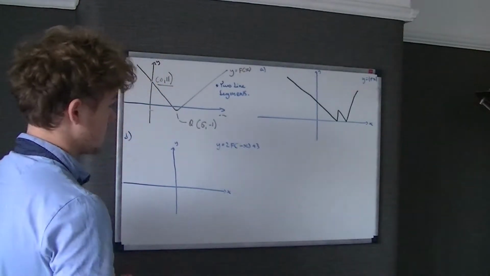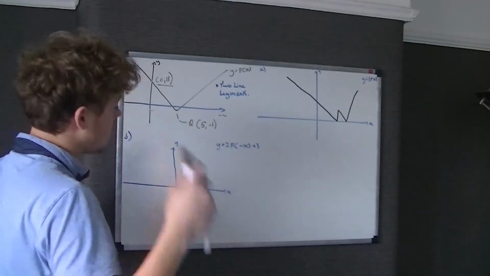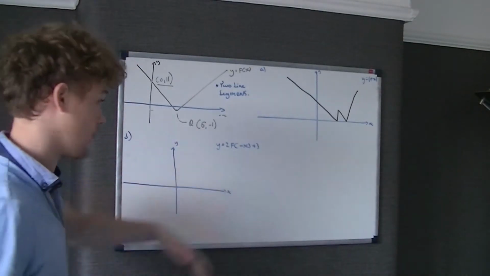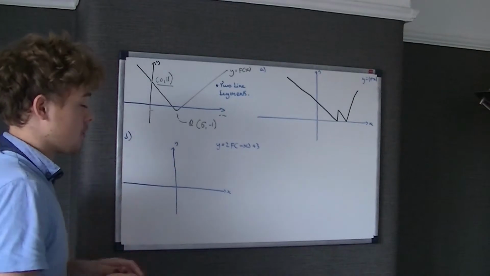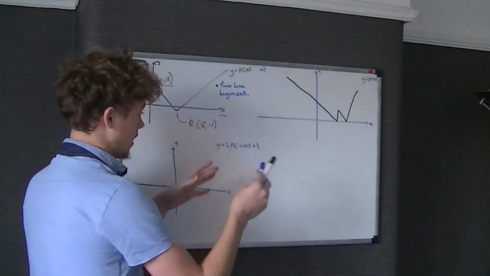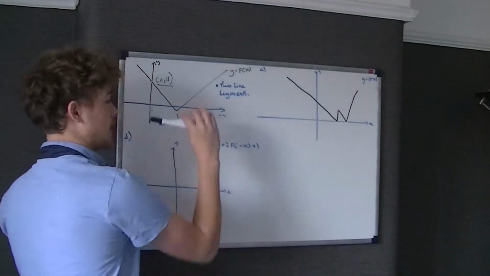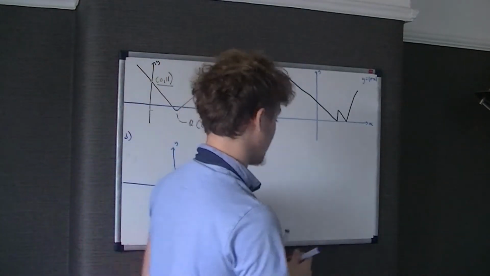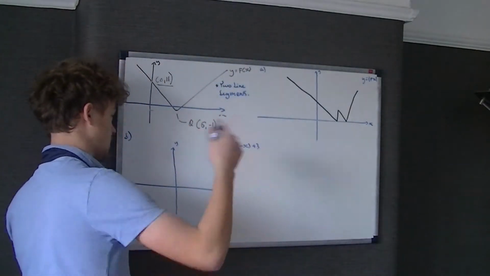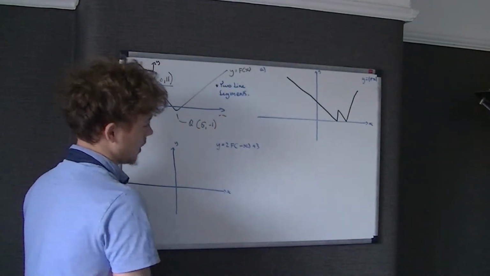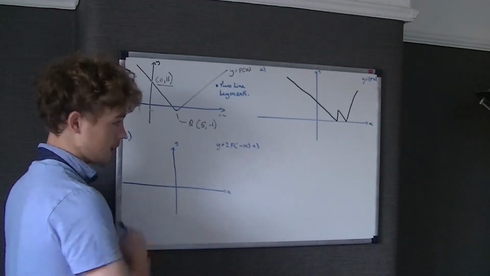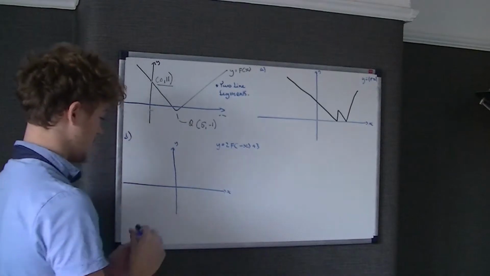But it's not just 1, because that's the y-coordinate. It's the whole function of x. So these coordinates are both going to be positive. Anyway, it's just flipped over, so it's mirrored in the x-axis, you can think of that. So therefore we get the vertex, not the vertex anymore, it's (6, 1). So that is our x coordinate 6, y coordinate 1. So that's all that's changed. We've just flipped it over.